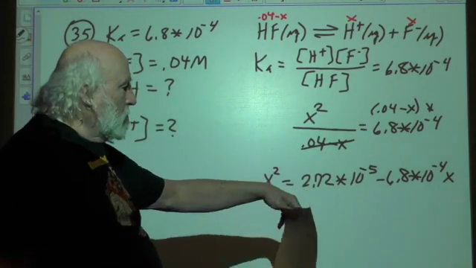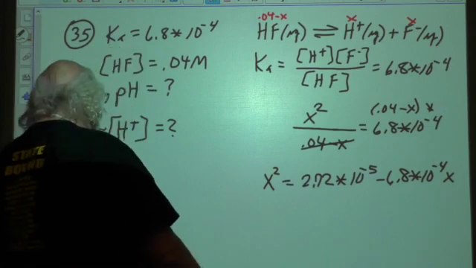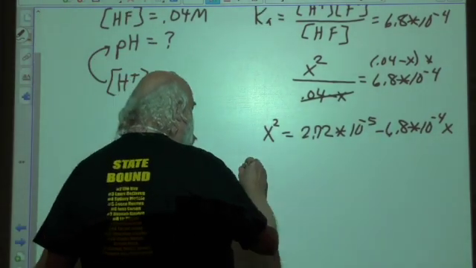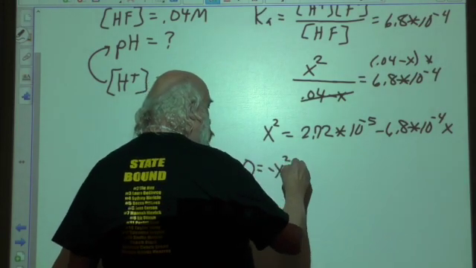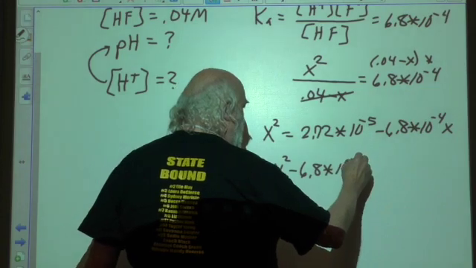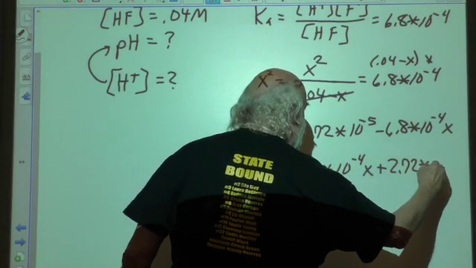Now I'm going to move stuff around. I'm going to move this over here and then rearrange the order of my terms there to get a quadratic. So 0 equals negative x squared minus 6.8 times 10 to the negative 4 x plus 2.72 times 10 to the negative 5th.